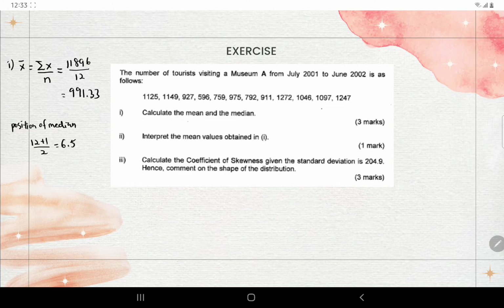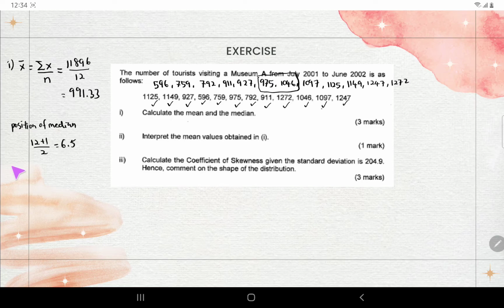So we rearrange first. This is the data that I have arranged. Our position of the median is 6.5, meaning that here is the first position: 1, 2, 3, 4, 5, 6. The 6.5 is between these two numbers, so we need to find the average.